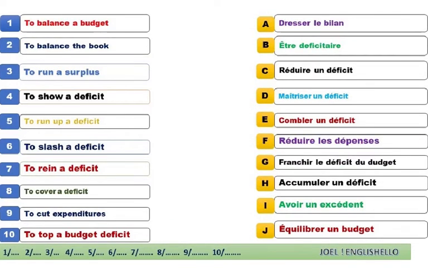To balance a budget. Équilibrer un budget. To balance the books. Dresser le bilan.